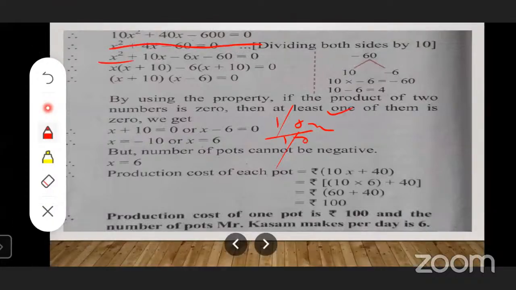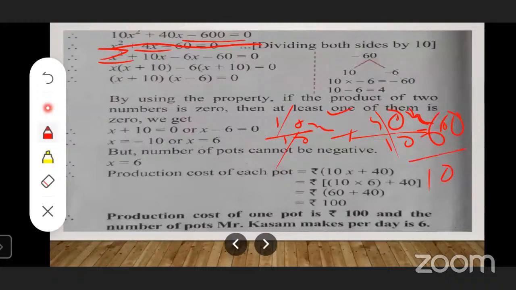x square, plus 40x divided by 10. What will you get? 4x. Yes, 4x. Now what is there? Minus 600 divided by 10. So what you are getting? 60.